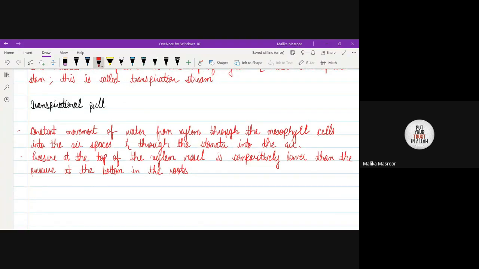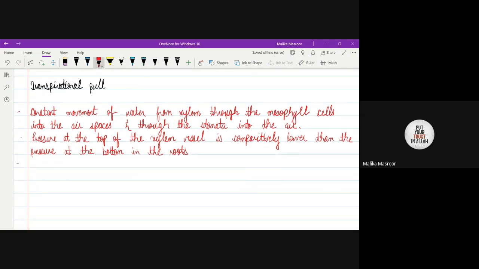All right. This pressure difference causes water to flow from the roots up the stem, upwards basically. Right, Saad, now is this clear? Yes. Okay.